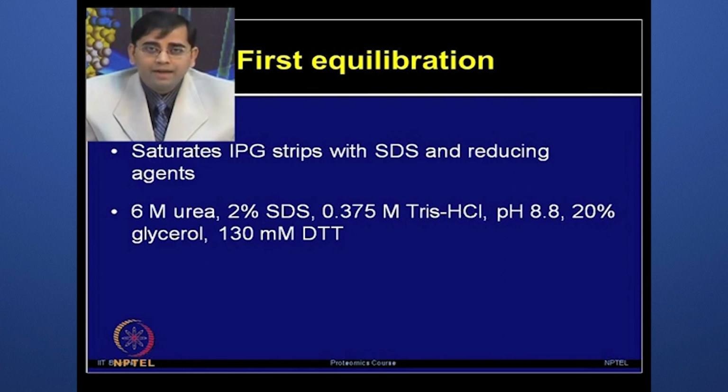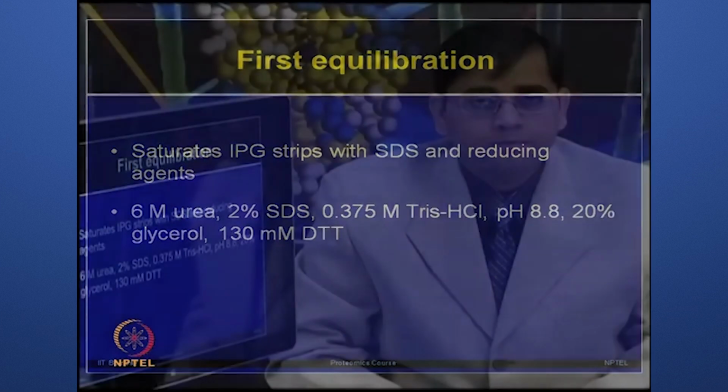Then you need to make one variation in this buffer composition: either you add DTT, dithiothreitol, or you add IAA, iodoacetamide. Please note, this recipe is given only for your reference. People try slight modifications of these concentrations and the recipe for the equilibration step.